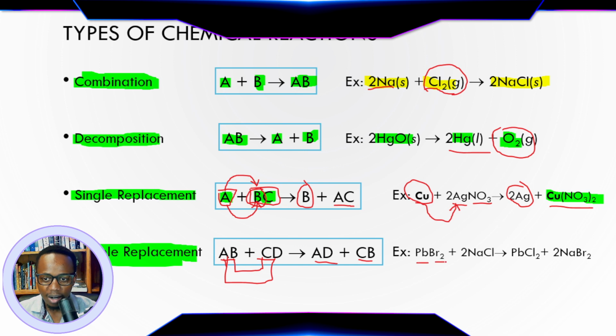You have PbBr and then you have sodium and chlorine, and then you're like, okay, it's a double replacement. So whenever I give you an equation, you have to be able to tell me what type it is, and you have to figure out what type it is before you try to guess what the products are going to be, right? So for this one, the insides are going to combine together. Then the outsides are going to combine together, right? So Pb combines with Cl, Br combines with Na, and guess what? You have to do the cross rule to figure out what they're going to give you.